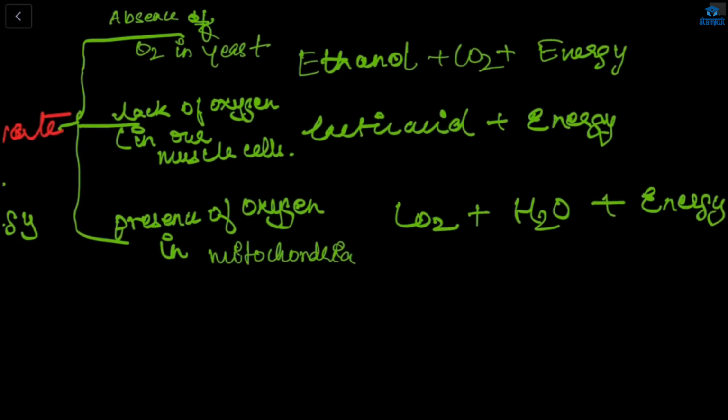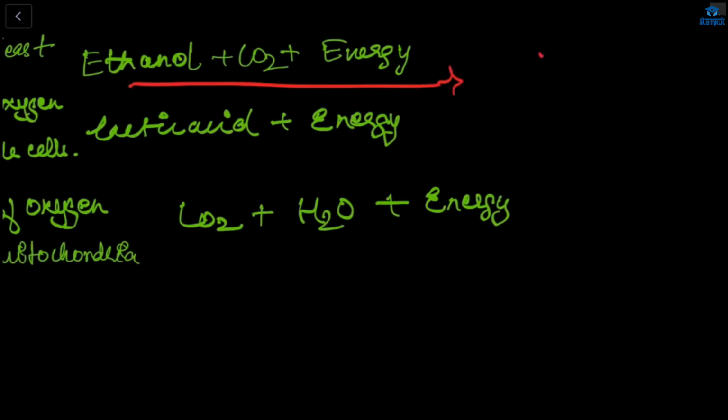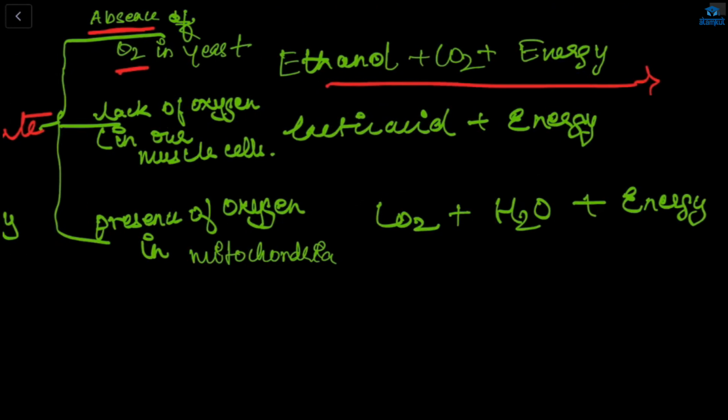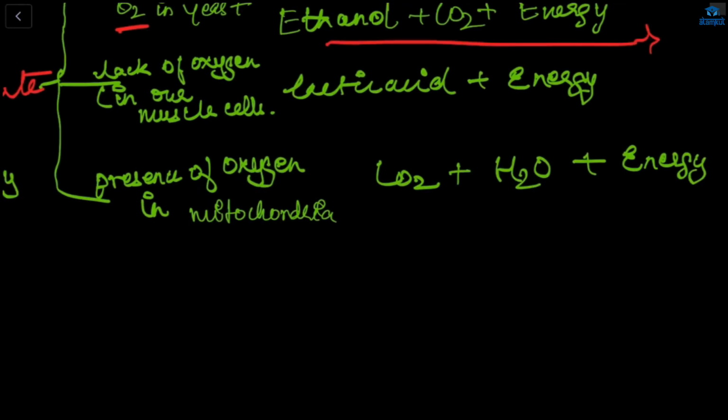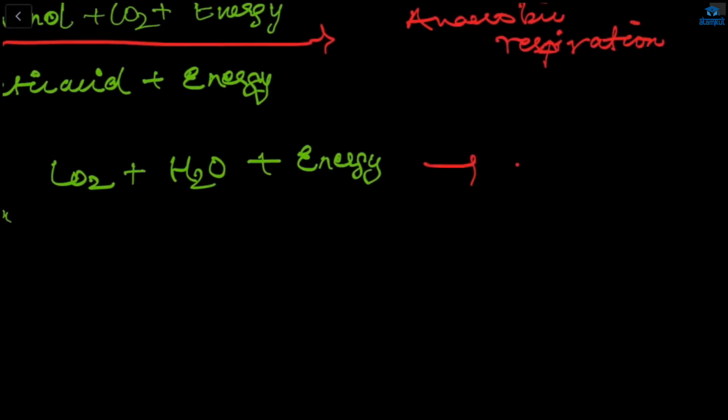This is happening in yeast, right? And also in the absence of oxygen. So it is called anaerobic respiration. And here, this is happening in the presence of oxygen. So it is called aerobic respiration. Okay, then next we'll learn about the lung.